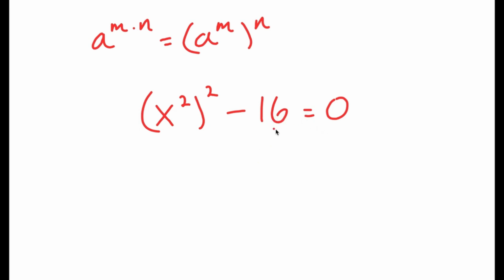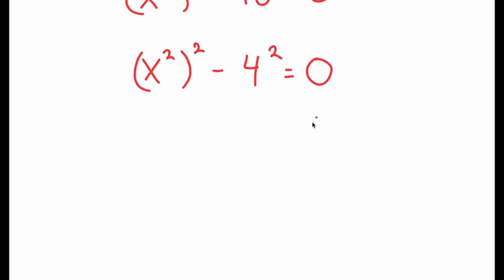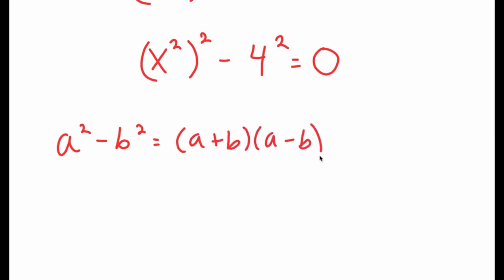Now from here, I'm going to rewrite 16 as 4 squared. So now I have x to the power of 2 to the power of 2 minus 4 squared is equal to 0. And if I have something in the form a squared minus b squared, this is equal to a plus b times a minus b.